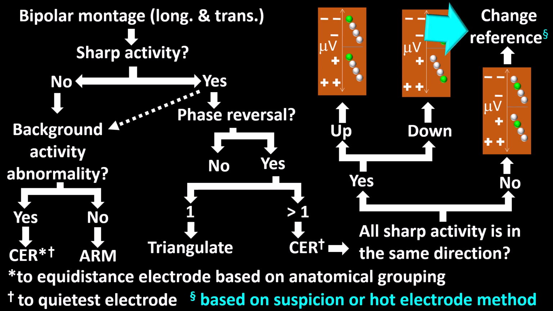The change should be based on suspicion or using the hot electrode method. In the following frames, I will give you some suggestions as to how to choose the electrode to build a common reference montage.